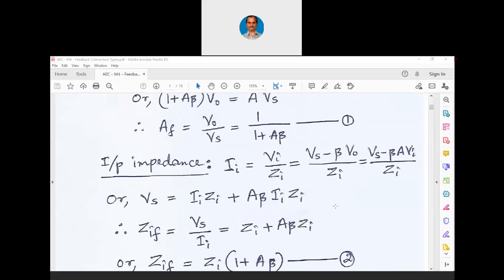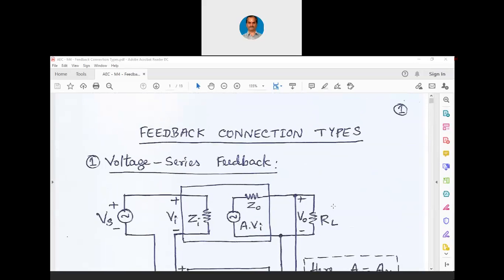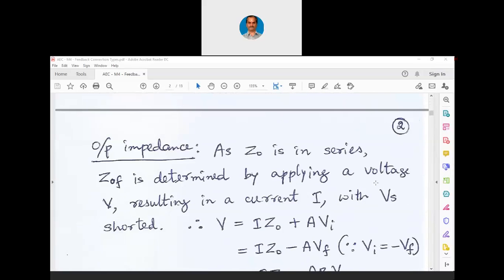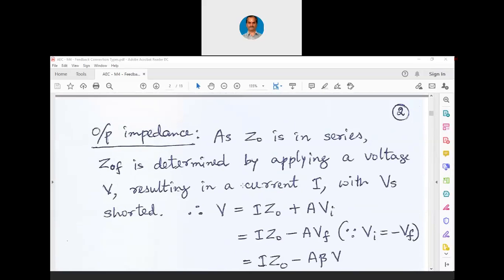Please recall that here. I will show you the diagram again. You can see here it is I into Zo plus A into Vi. That I is the resultant current when Vs is shorted. Now we have to assume this procedure because we are in the process of finding out a series resistance, that is Zo. So now V is equal to I into Zo plus A into Vi. Let us substitute for Vi: I into Zo minus A into Vf. Why?